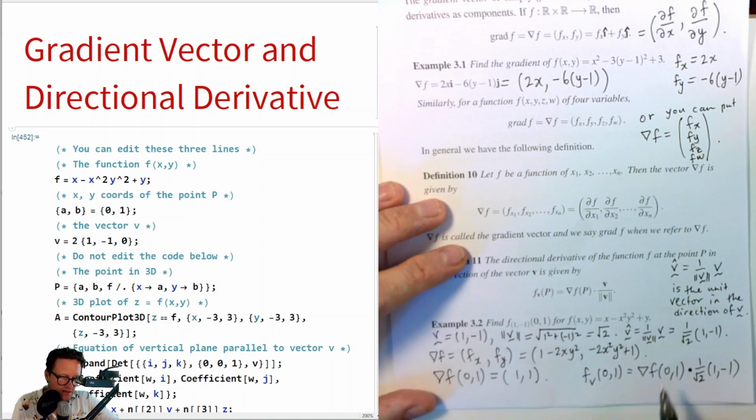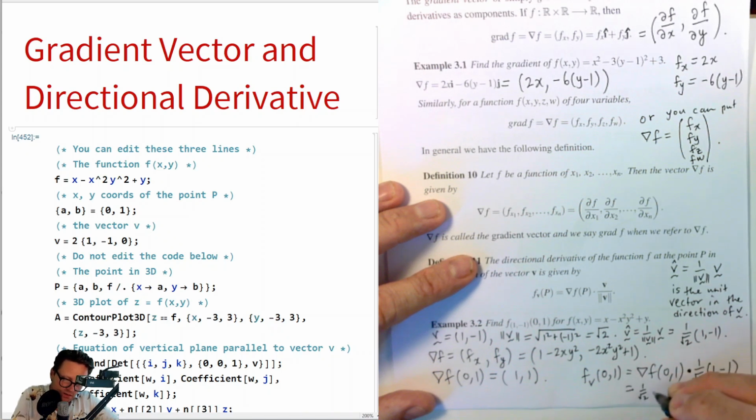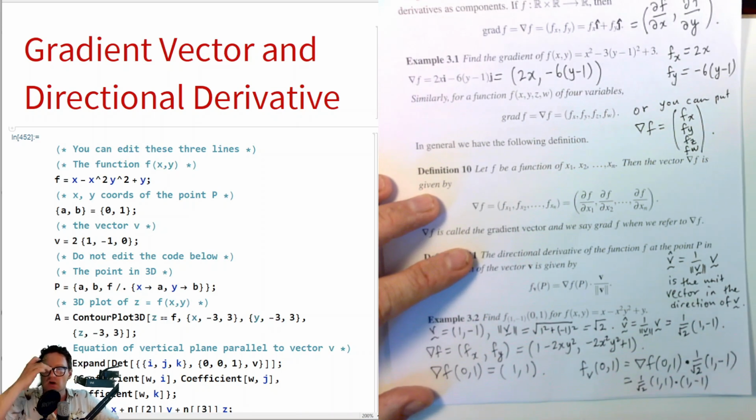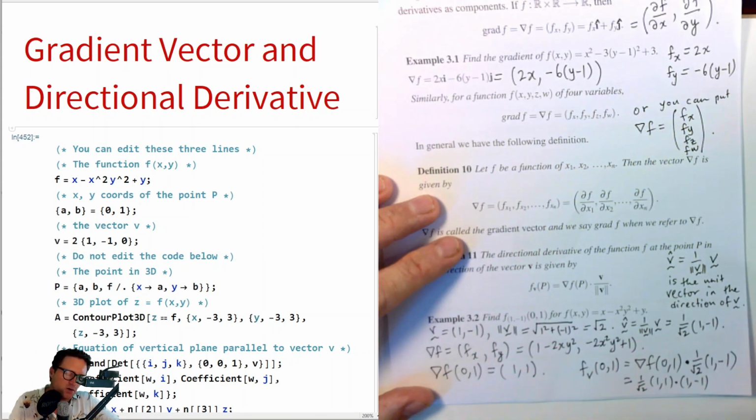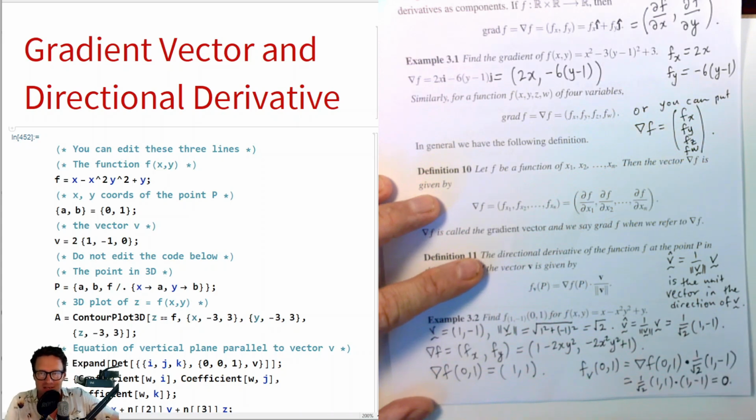Now this one right here, we deduced that that was (1, 1). So we've got 1 on root 2, (1, 1) dot (1, -1). And so that dot product, remember we take this times this plus this times this. So we've got 1 minus 1 is 0. 0 times 1 on root 2 is 0. So that slope or directional derivative in the direction of the vector v is 0.